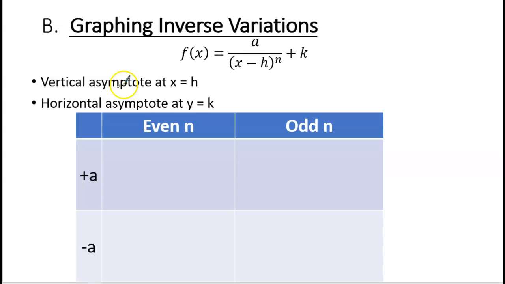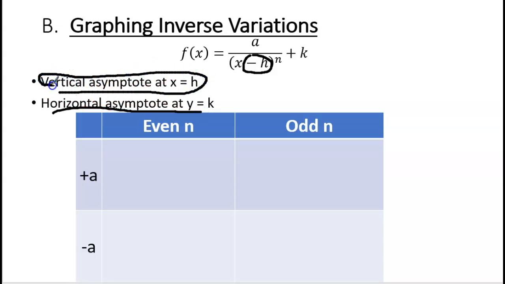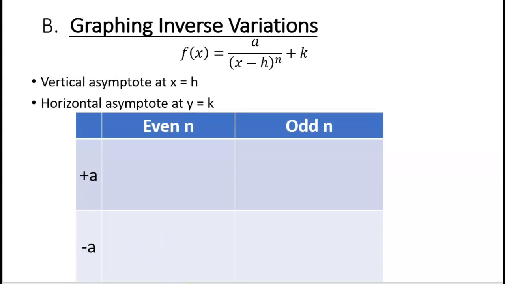Okay. So first of all, what we learned is that whatever number you're subtracting from the x is going to tell you what your horizontal asymptote is. I'm sorry, your vertical asymptote, my bad. And whatever number you are adding or subtracting from your total function will tell you what your horizontal asymptote is. We also saw earlier what these functions look like when you graph them.